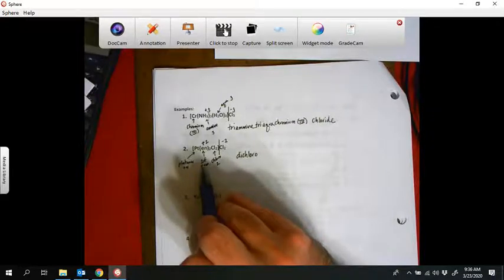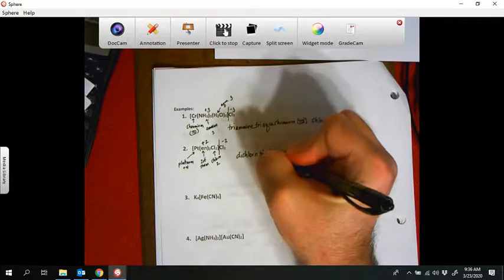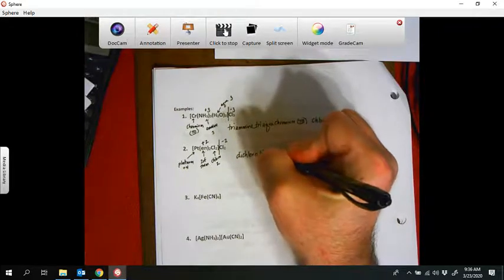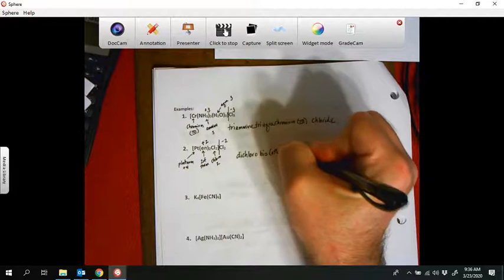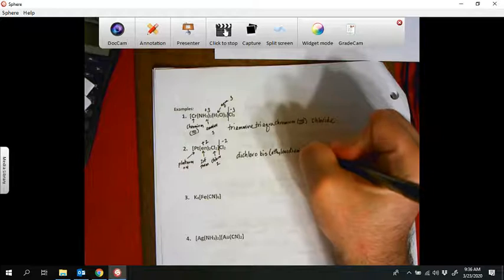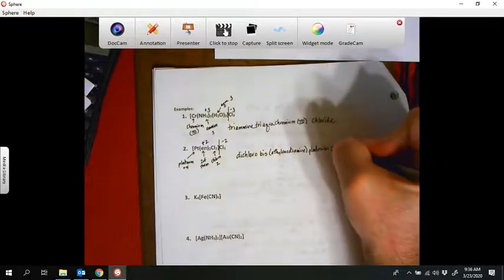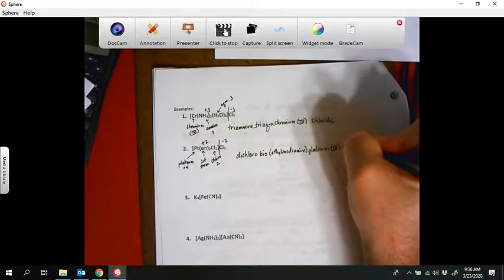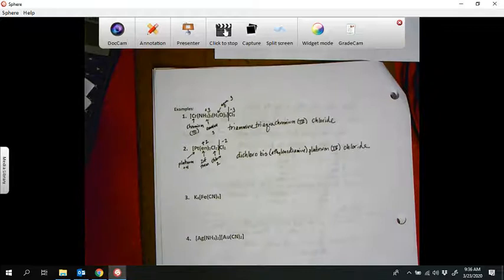Since we have two of them, we're going to have bis, and in parentheses, I'm going to put its name, ethylene diamine, platinum 4 chloride. So dichlorobis(ethylene diamine)platinum 4 chloride is its name.